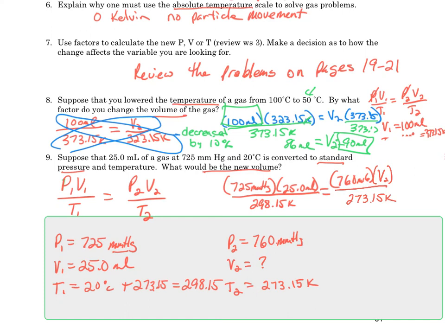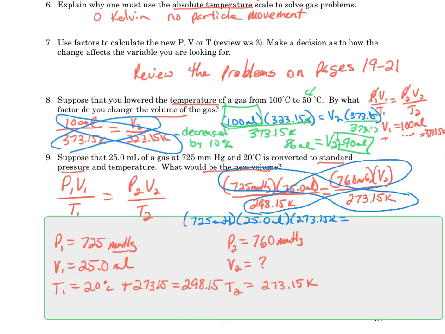So now I've got everything substituted in. To solve this, again, I'm going to choose the side that does not have my unknown, which is going to mean that that's going to be expanded out to, now I'm ready to do the other side. And then isolate my variables.